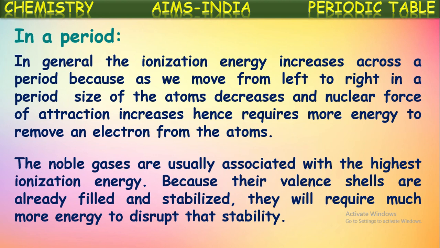This is not only because of the size; one more factor is affecting here, that is their completely filled outermost shells. Because of the stable electron configuration also they have much greater ionization energies. As they have stable configurations, to remove an electron from those elements, you have to disturb that stable configuration. So it requires a large amount of energy.